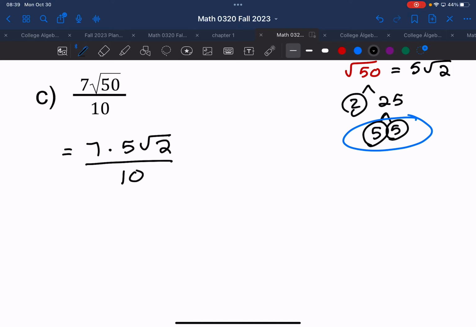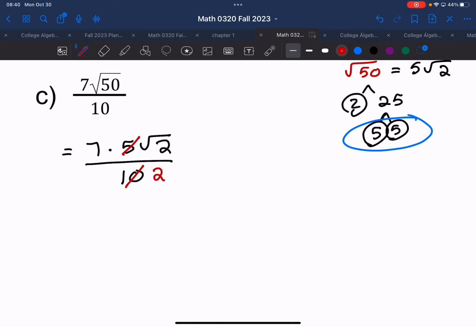Good, we could divide. What numbers are dividing here? The 5 and the 10. So the 5 and the 10 divide because the 7 and the 10 couldn't divide. So 5 and 10 divide, leaving the 10 on the bottom to be a what?